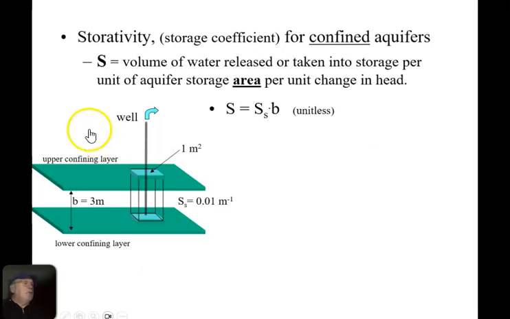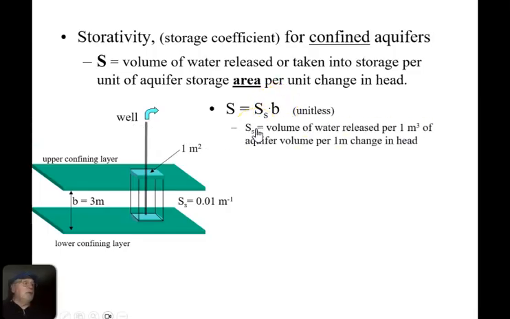So the storativity or storage coefficient is defined as the specific storage, that's the previous slide, times the aquifer thickness. And where that comes from is, again, specific storage: the volume of water released per 1 meter cubed of aquifer volume per 1 meter change in head.